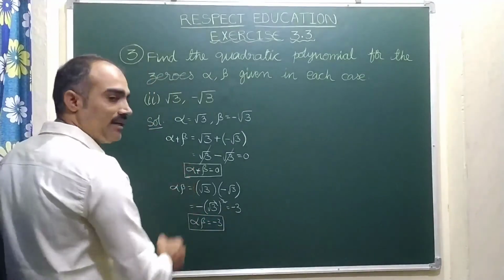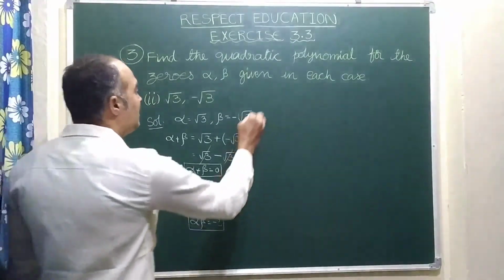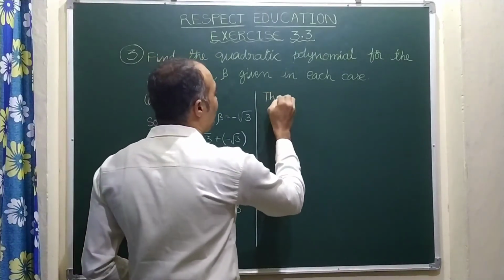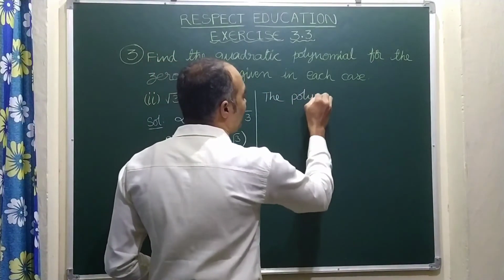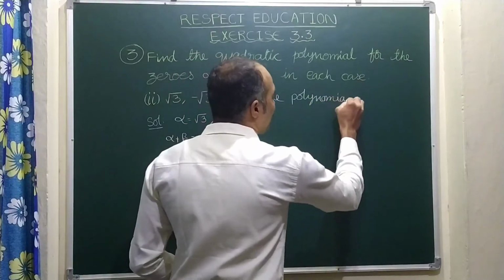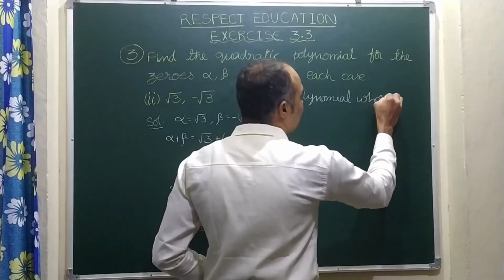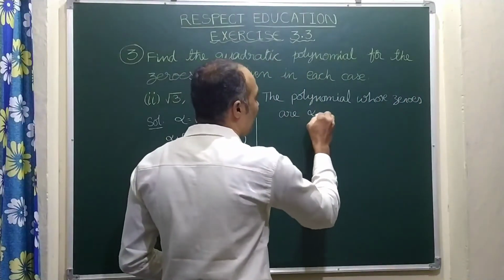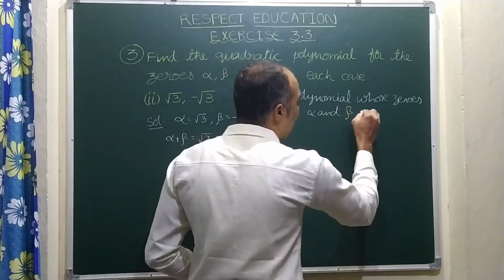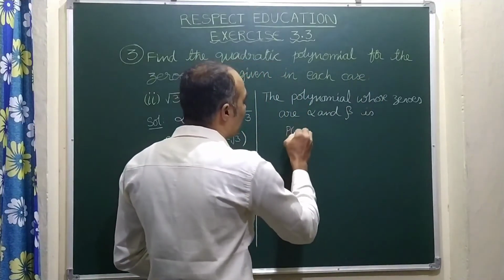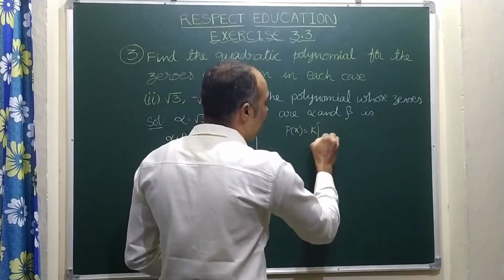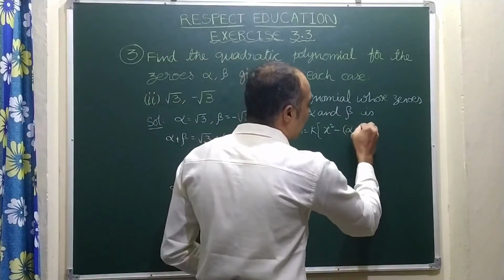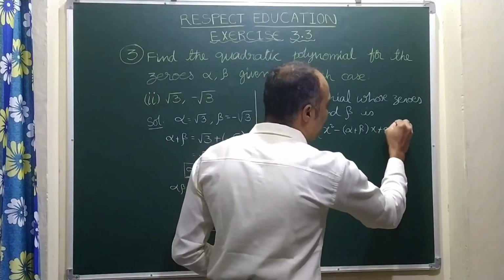So alpha plus beta is ready. Alpha into beta is also ready. So let us write the required polynomial. So the polynomial whose zeros are alpha and beta, p of x can be written as k into x square minus alpha plus beta times x plus alpha into beta.